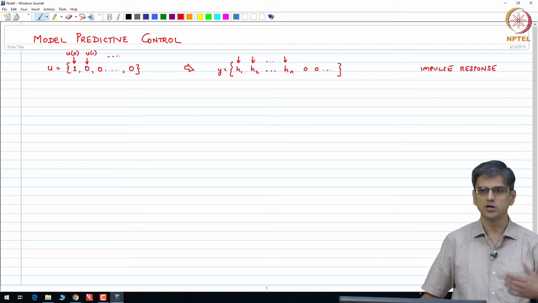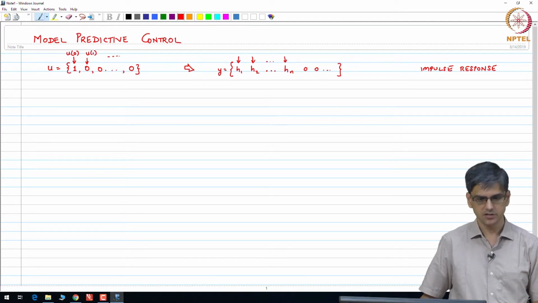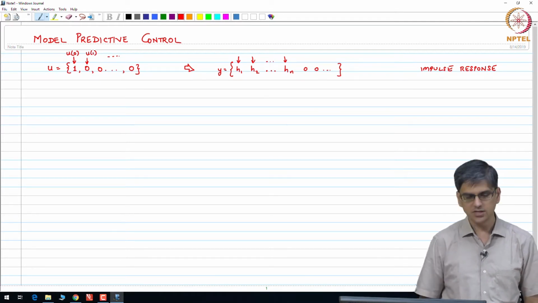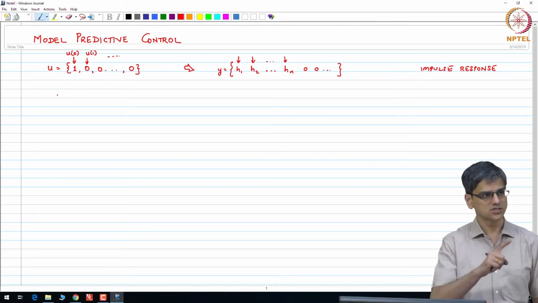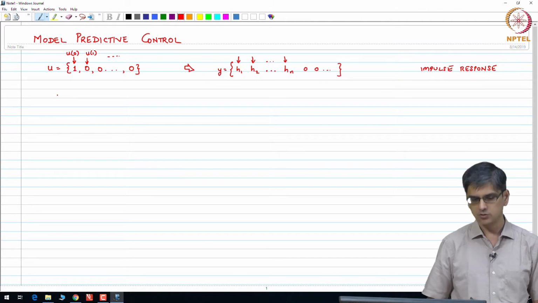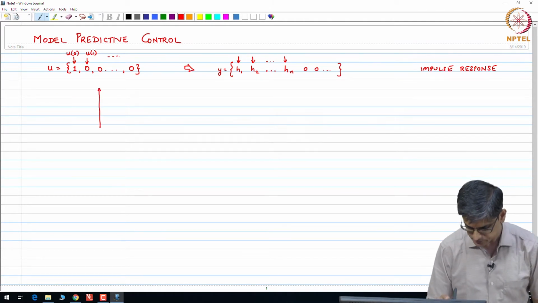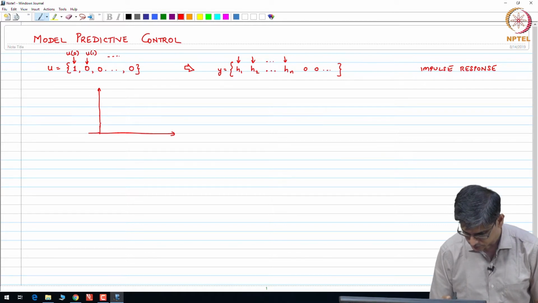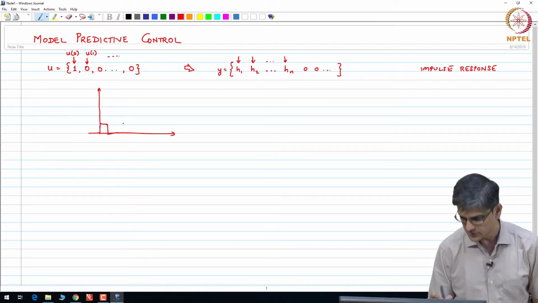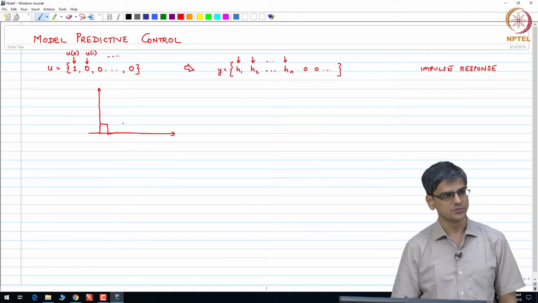How do you build a model in order to predict the behavior in future? So, what does this mean? This means that if u was just equal to 1, then this is how y is going to be.